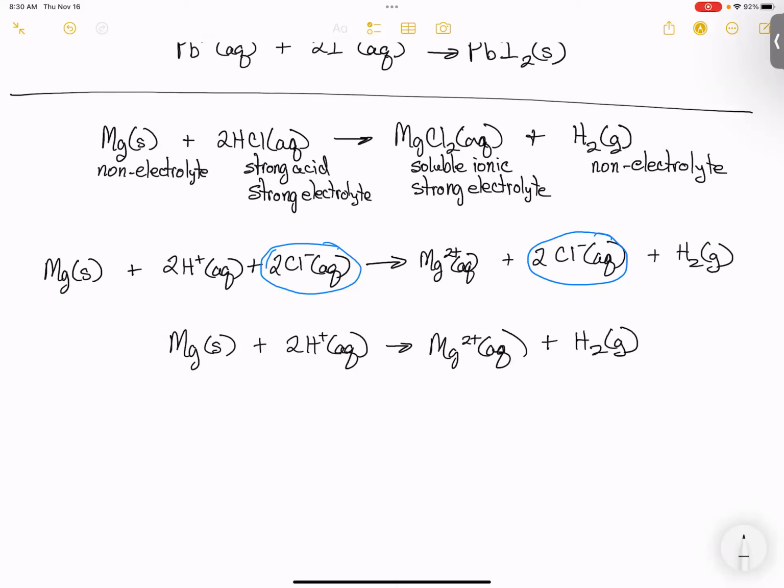We don't ever count solids, liquids, or gases when we're considering what's the same in the reaction. Solids, liquids, and gases are always non-electrolytes, so they're never going to be in there. They're never going to get busted up. Questions?